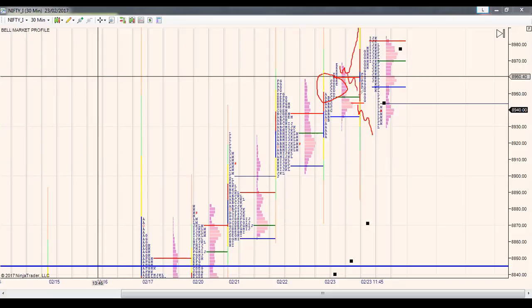First we came down, tried to go below this high volume node, could not do it. A nice setup. Generally around these kinds of high volume nodes, I like them because they provide you nice entries, and the market immediately zooms.